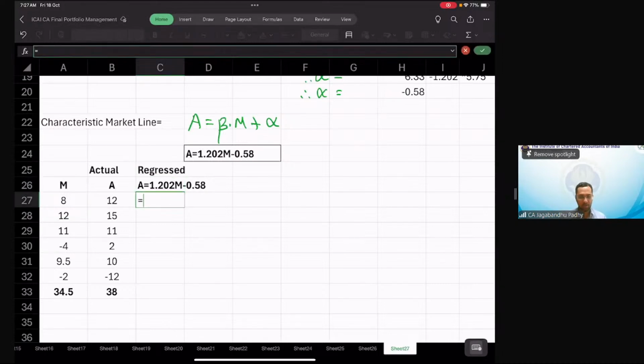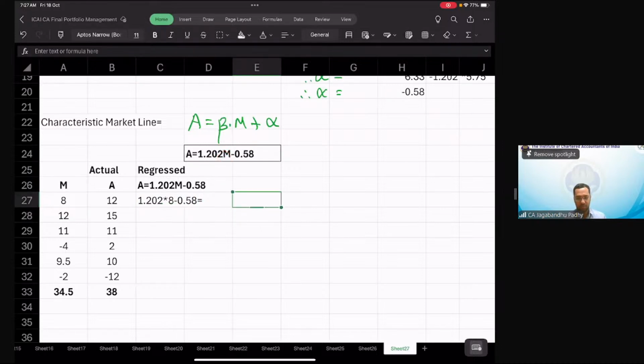So I can calculate the regressed return as 1.202 multiplied by the market return, which is 8, minus 0.58. I'm just trying to calculate the regressed return of A by using this equation.